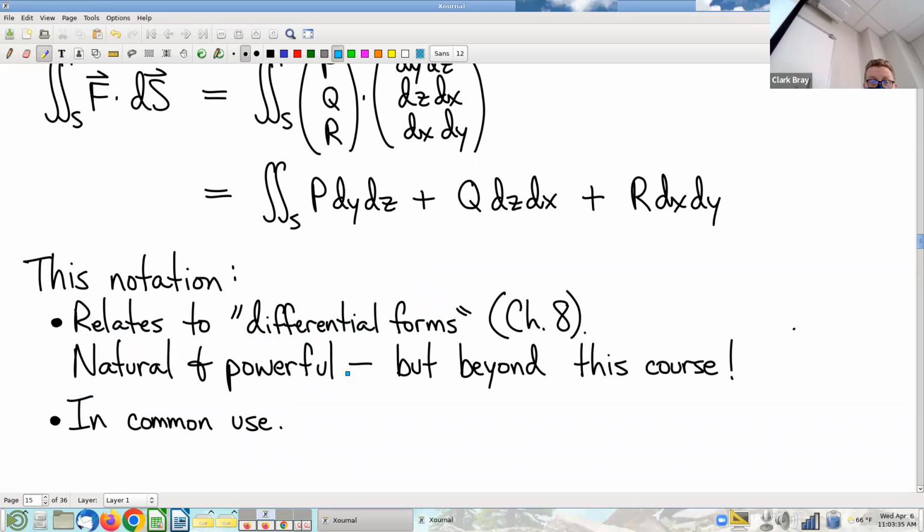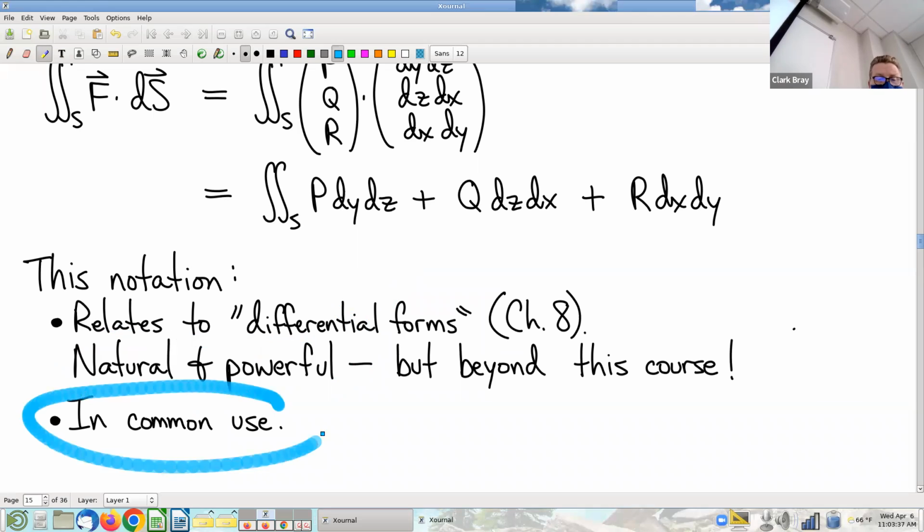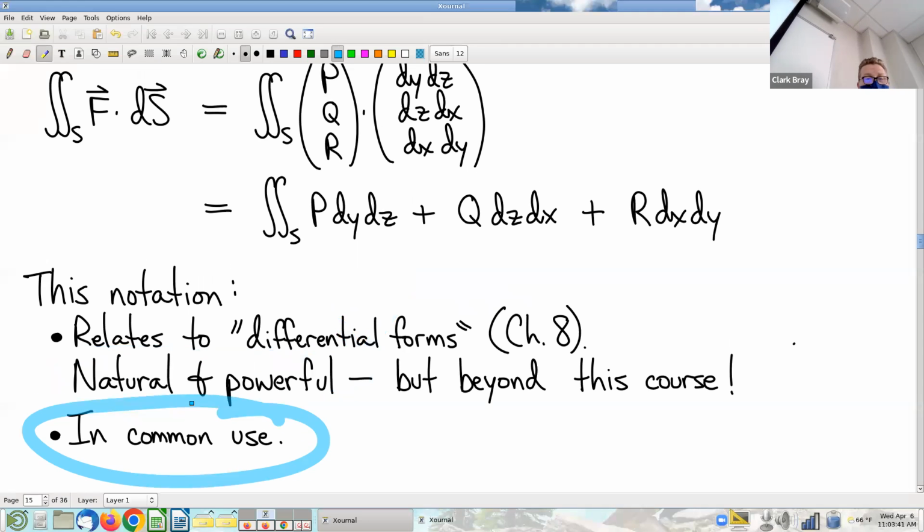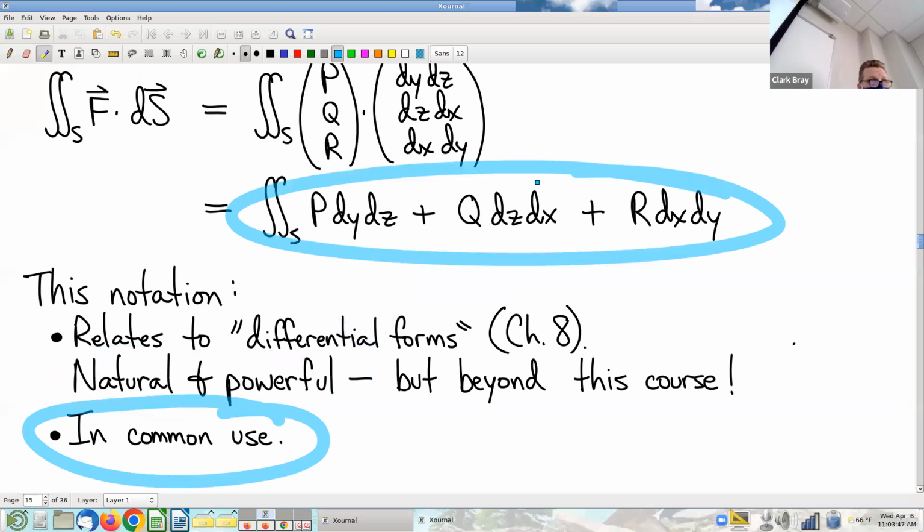So the main reason y'all need to be aware of this is that this notation, just like coordinate line integrals, is in common use. So outside of Math 219, you're going to see people write this down, and they're going to expect you to know what this means. And so what I suggest when you see this, just think to yourself, oh, okay, it's that coordinate surface integral.